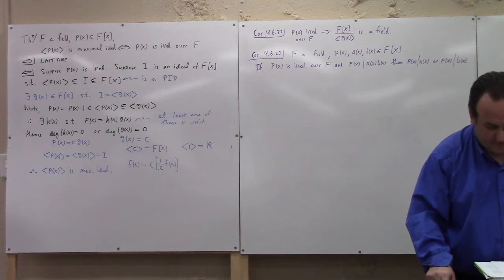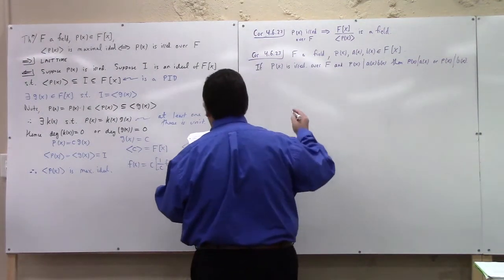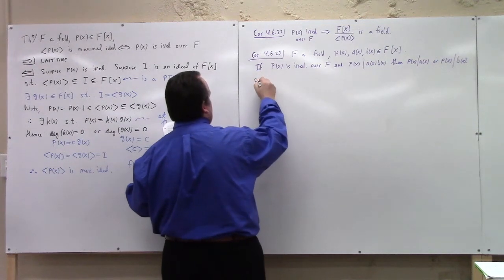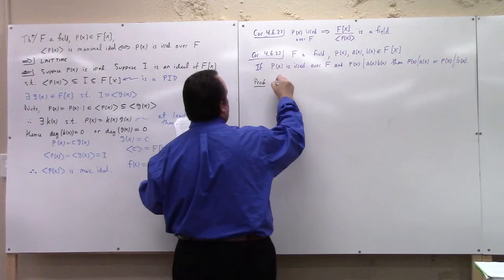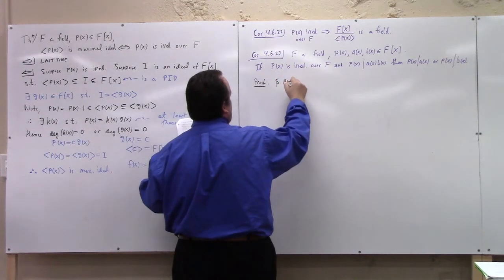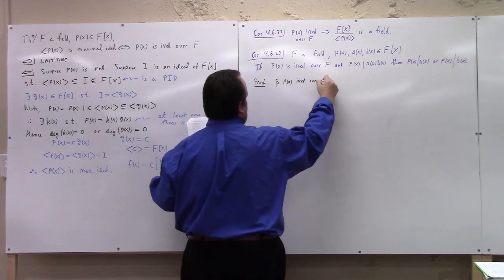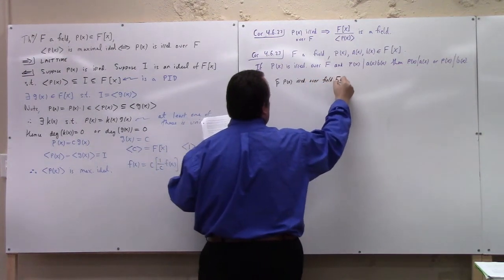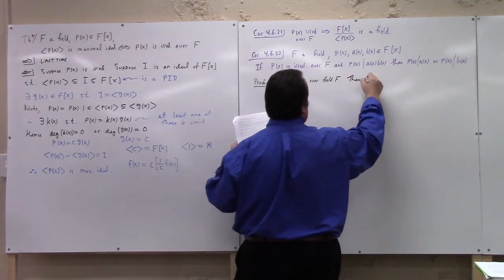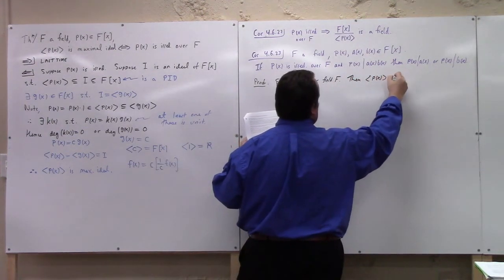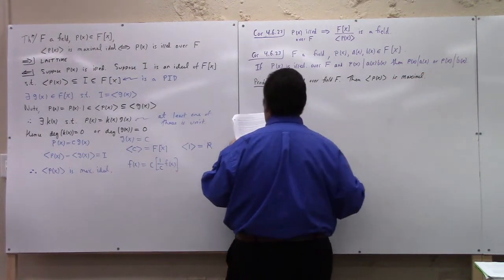Let's look at the proof of this one. It's a corollary, but the proof is a little bit longer for this one. Suppose p of x is irreducible over field F. Then, of course, the ideal generated by p of x is maximal.